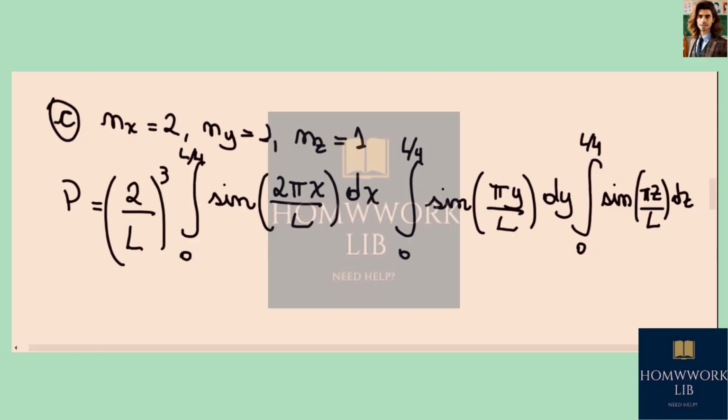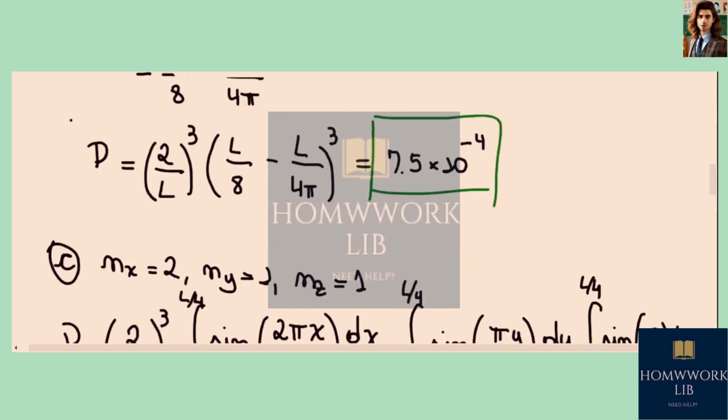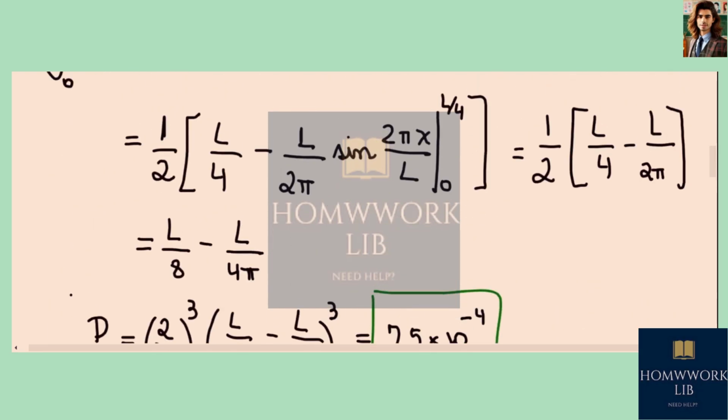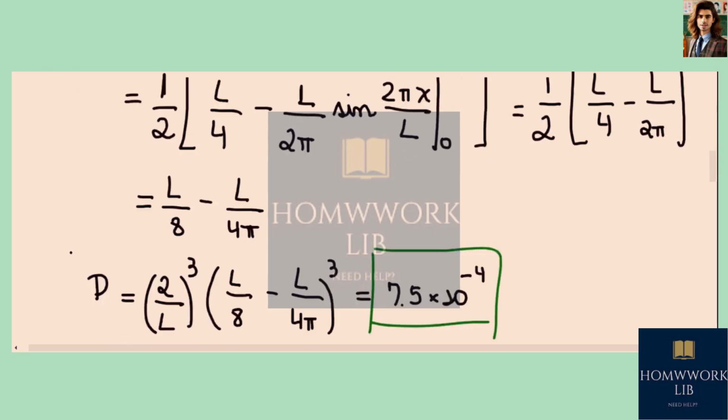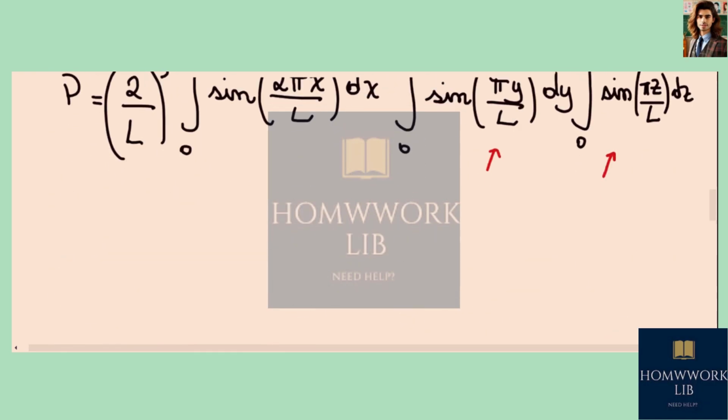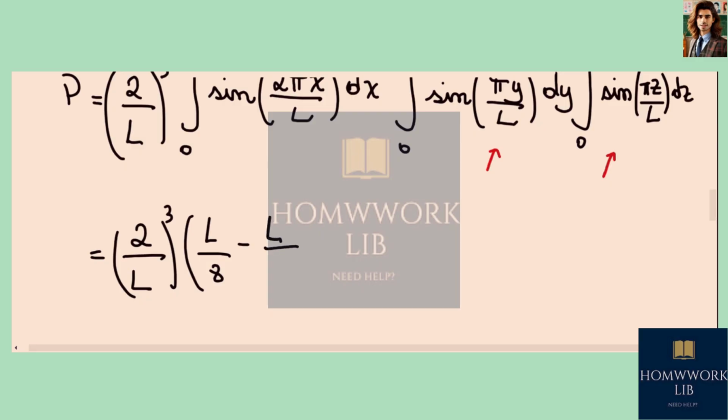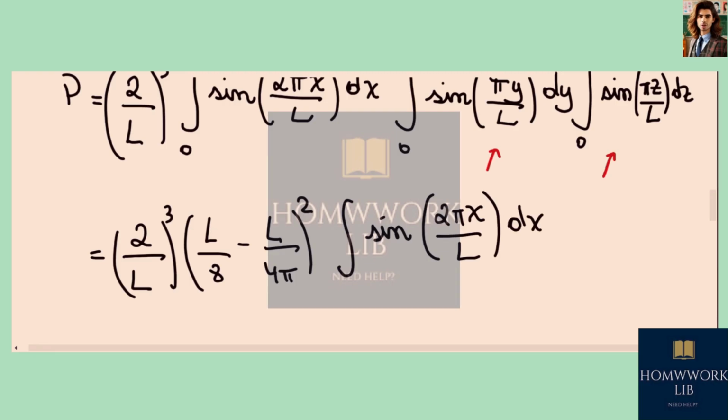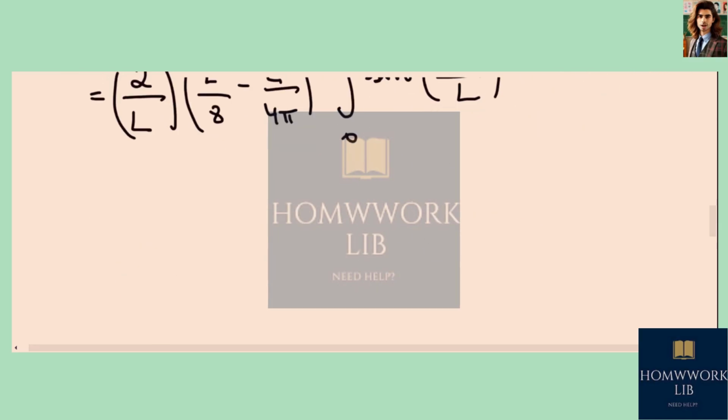Now notice that these two values here, we've already calculated. They are equal to L over 8 minus L divided by 4 pi. So this is actually equal to 2 over L cubed times L over 8 minus L divided by 4 pi squared times the integral of sine squared of 2 pi x over L dx from 0 to L over 4.